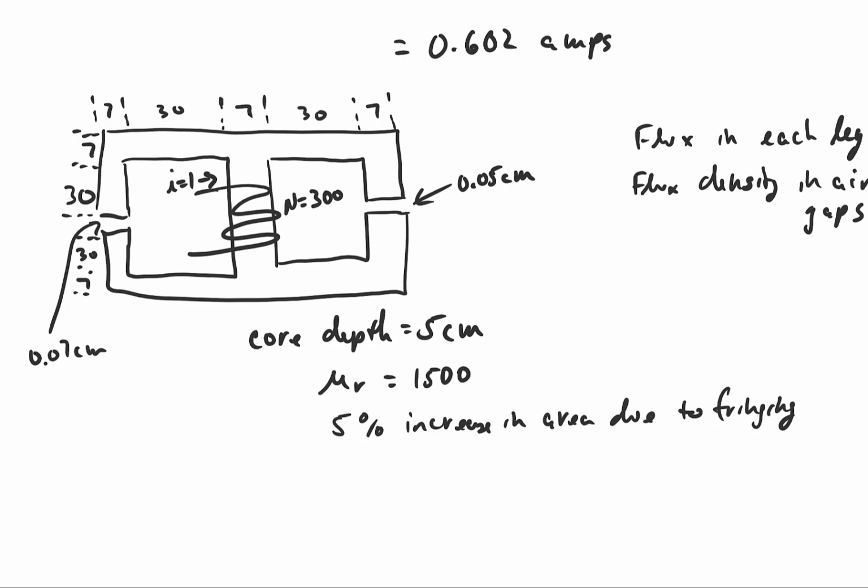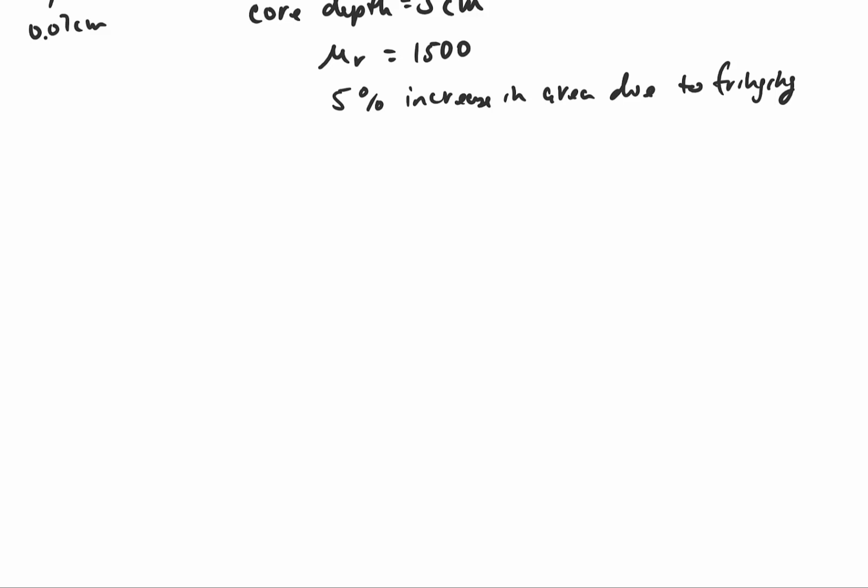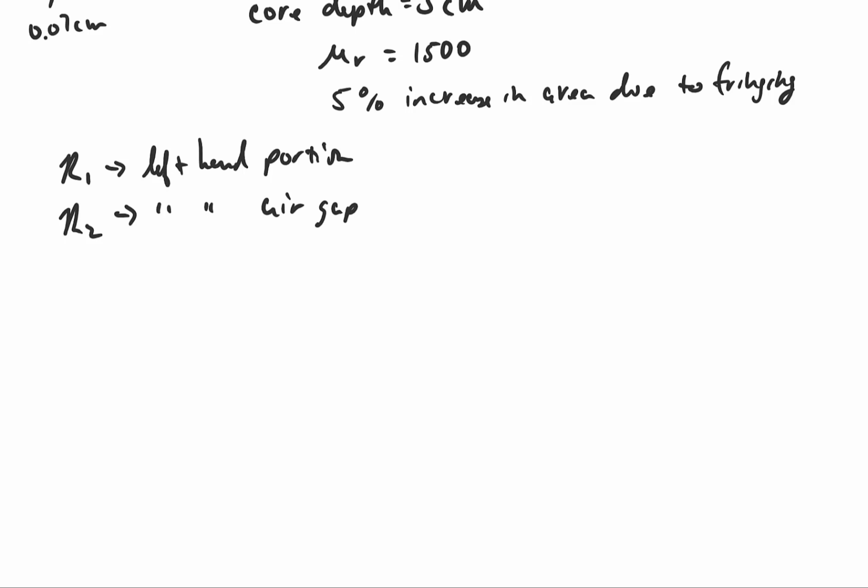Okay. So for this one, we're going to have to divide the core into 5 regions. I'm just going to list them. R1 is going to be the left-hand portion of the core. R2 will be the left-hand air gap. R3 will be the right-hand portion.